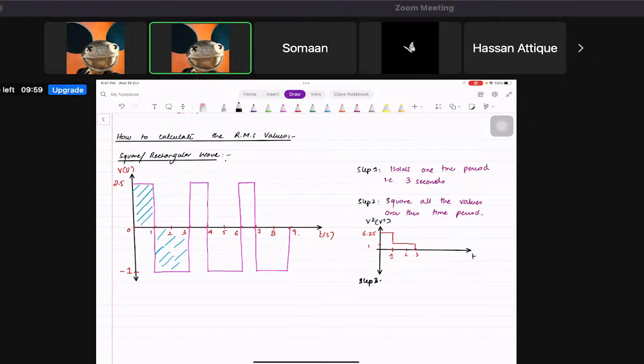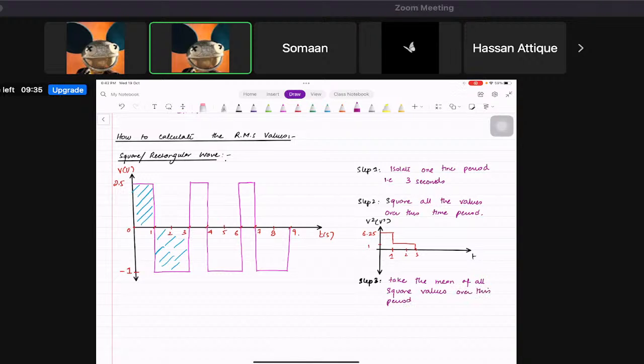Now, step 3 is that you take the mean of all square values over this period.